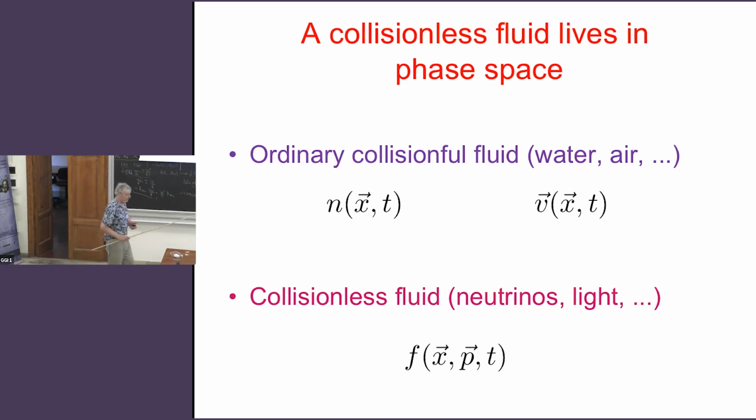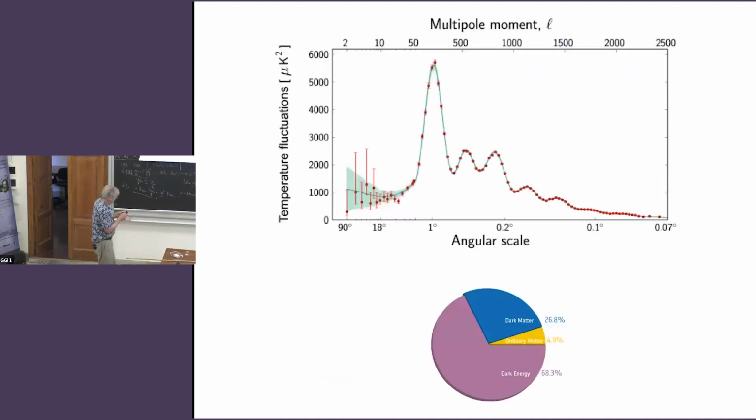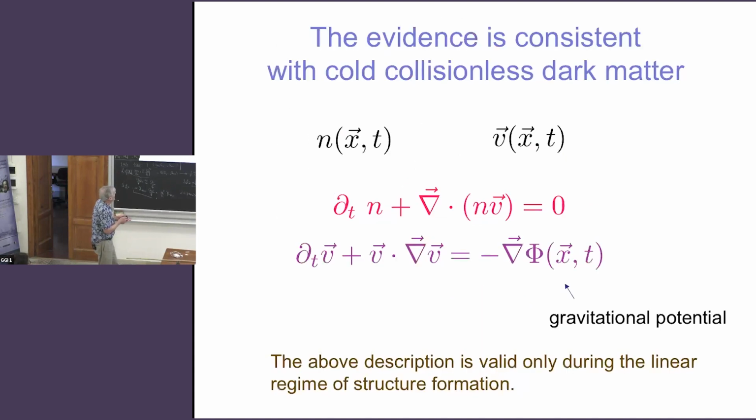So isn't this very confusing? Because I said in the previous slide that a successful description of collisionless dark matter is in terms of the density and the velocity. Please do ask questions. Actually, I think this point is often overlooked, and maybe it's trivial to you, but I don't think it's trivial.